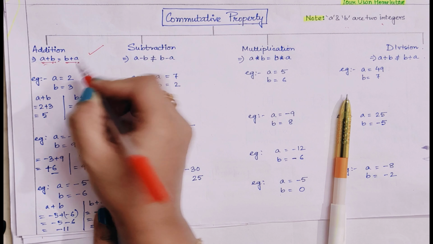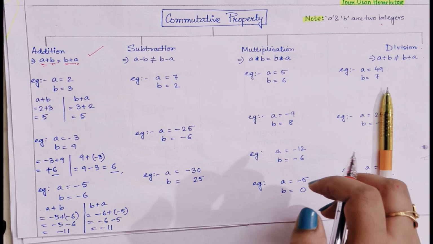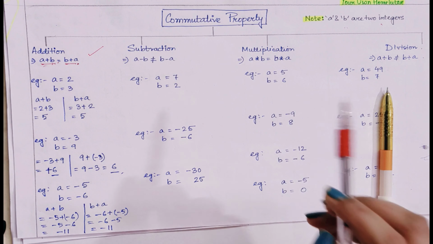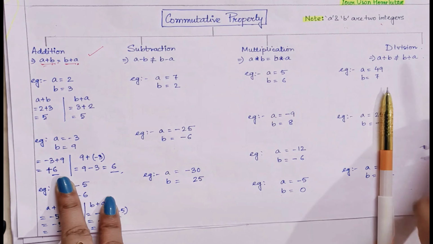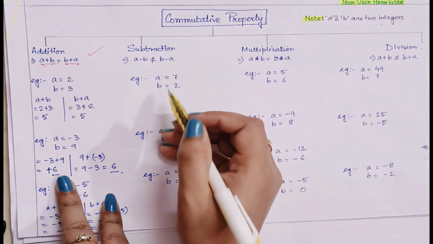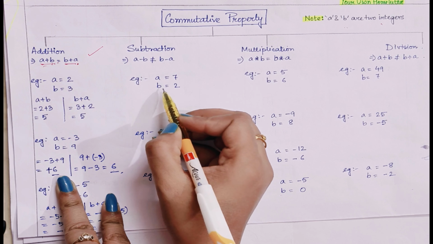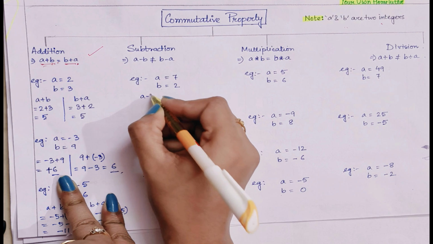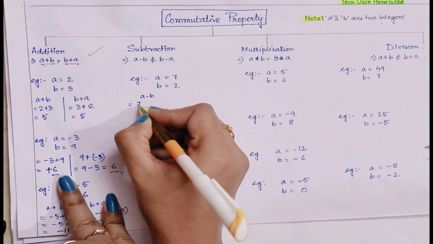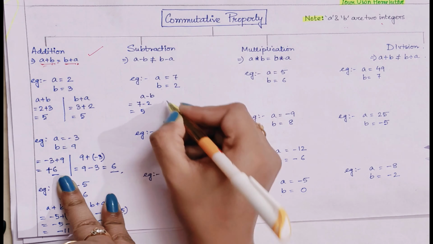This rule is obeyed. Now, let us see for subtraction. Commutative property will never hold for subtraction. If you see here, I take two examples, like a and b are two integers, and if I take a minus b, that is 7 minus 2, it will give me 5.